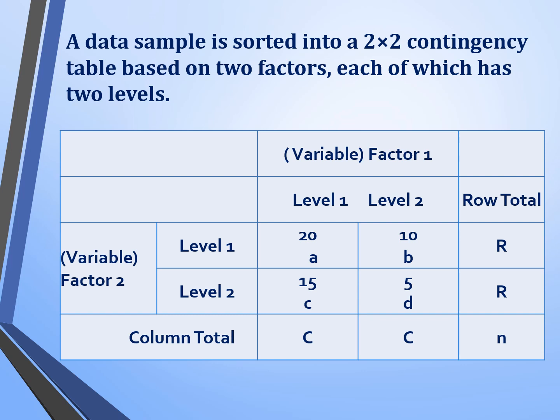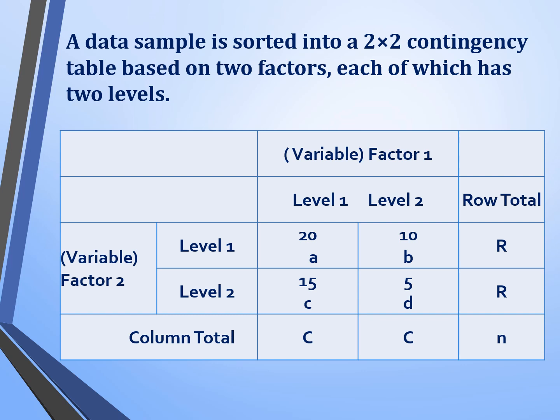So for example, if we want to find the expected value of the observed frequency 10, the expected equals row total 30 multiplied by column total 20 divided by the grand total 50. And also for the observed value 15 for cell C, the expected equals row total 20 multiplied by column total 35 divided by grand total 50.